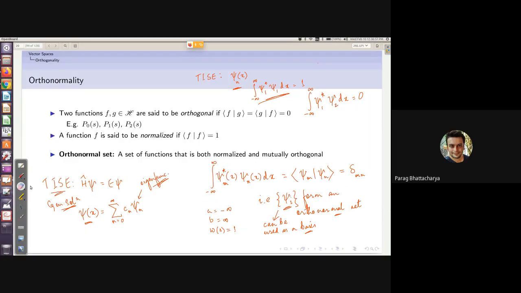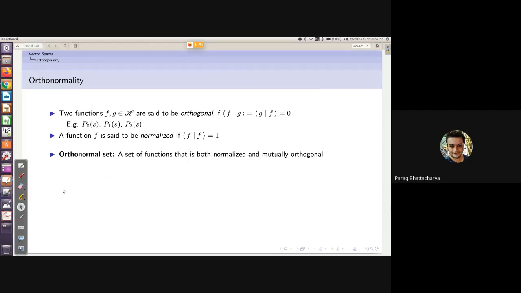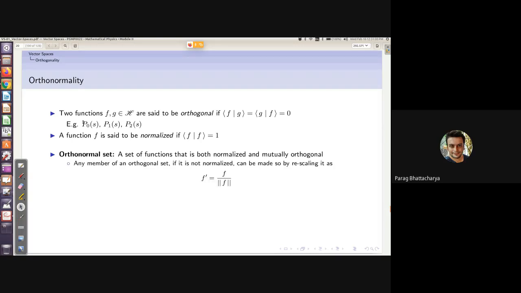Let me clear this. So, a set of functions which is both normalized as well as mutually orthogonal. Any member from an orthogonal set which is not normalized can be made so by rescaling it like this. So if a function is a member of an orthogonal set but is not normalized, we can normalize it by using this.